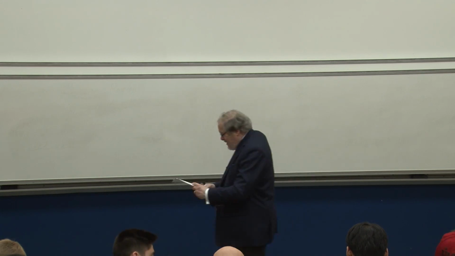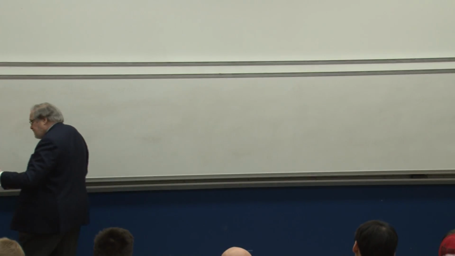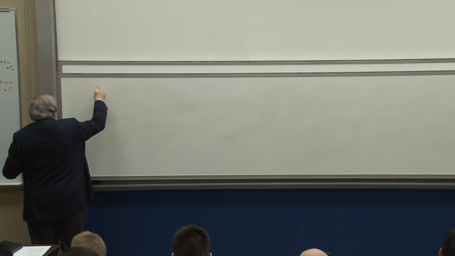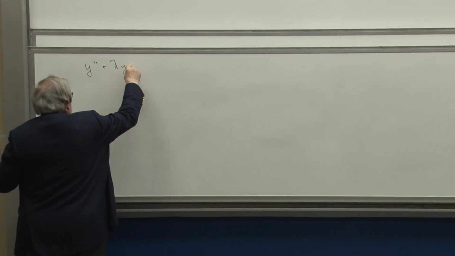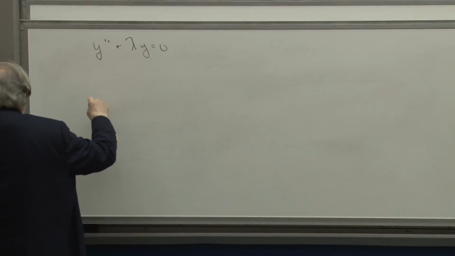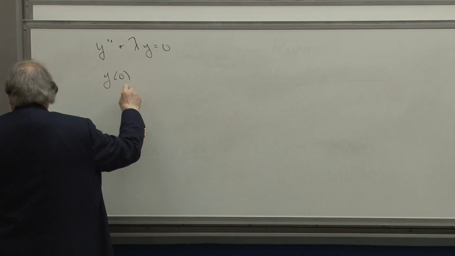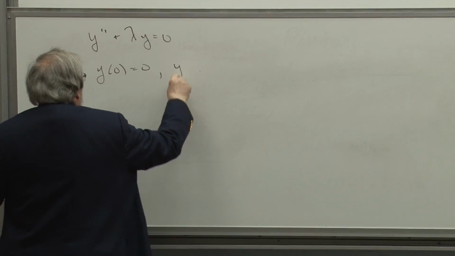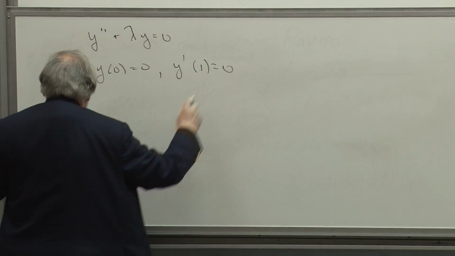That is not the case this semester. And so we have y double prime plus lambda y equals 0. The boundary conditions: y at 0 is 0, y prime at 1 is 0.